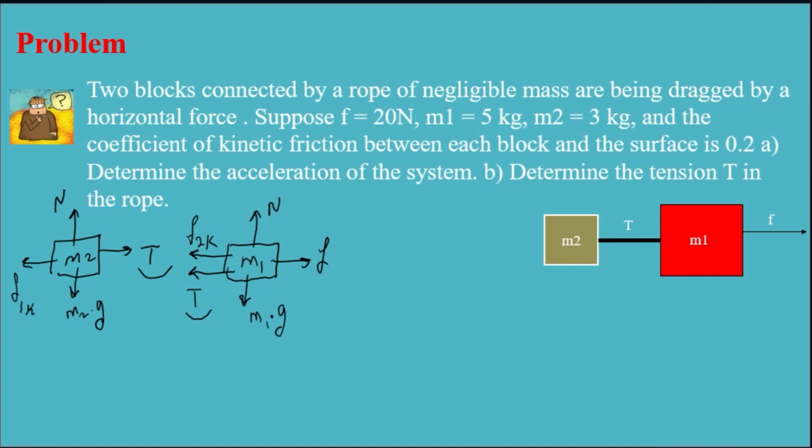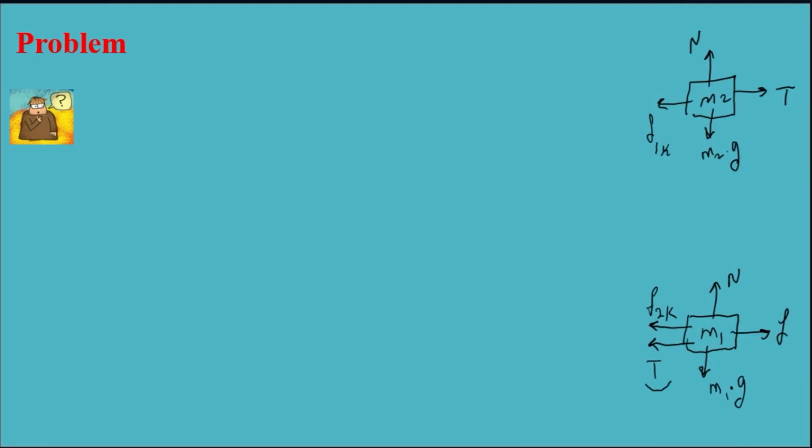Now let me write down the second Newton's law for M2 and M1 in X and Y direction. So for M2 in X direction, second Newton's law is going to be T minus F1K equal to M2 times acceleration, right?